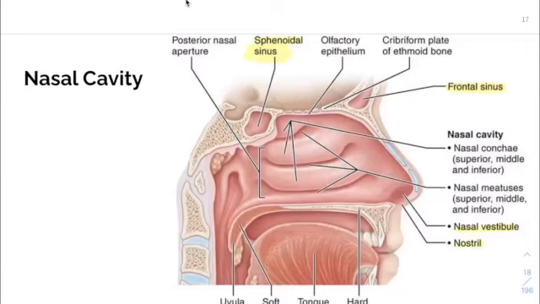Here is that superior, middle, and inferior nasal concha. These are what helps to moisten air going down, but prevents the loss of moisture when you're breathing out. And this whole thing in the back creates that posterior nasal aperture. And then as we talked about at the top, we have that olfactory epithelium.